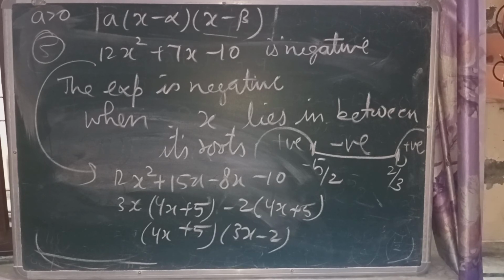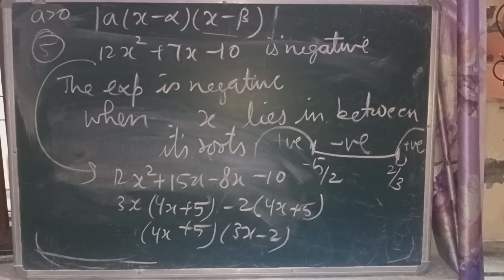The expression is always negative when x lies between its roots, alpha and beta. So here the expression was 12x square plus 15x minus 8x minus 10. I have factorized it, and after factorization I got its roots, that is 2 upon 3 and minus 5 upon 4.